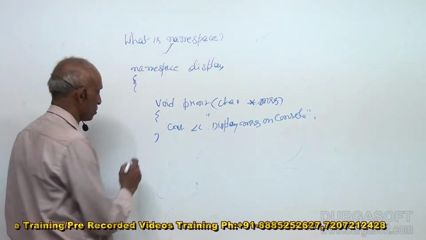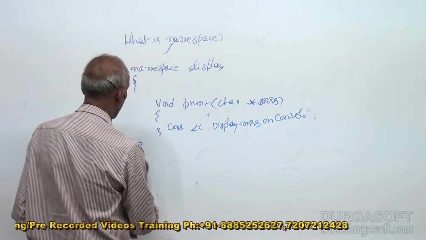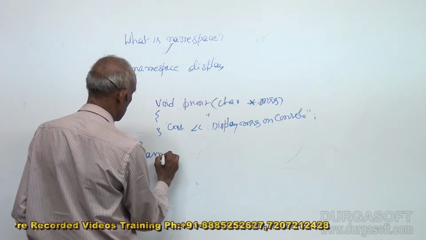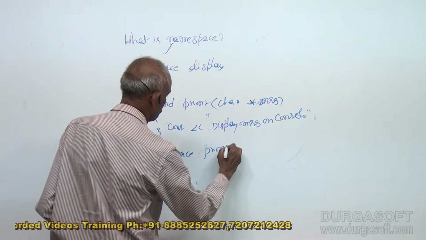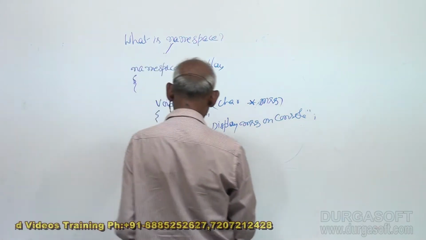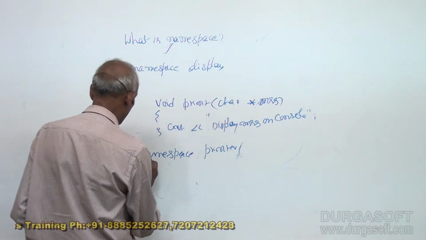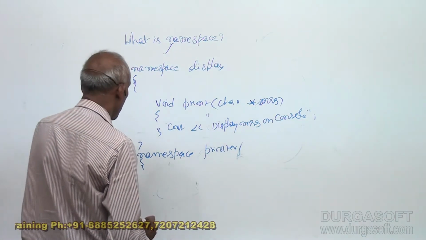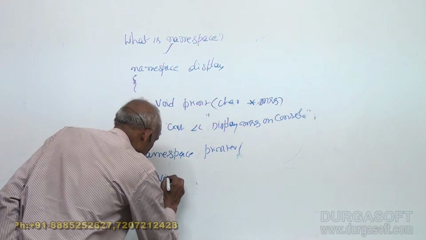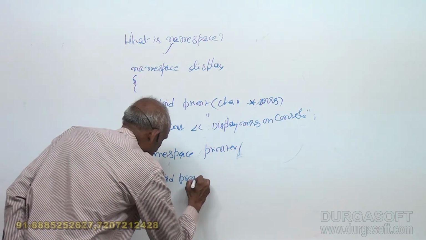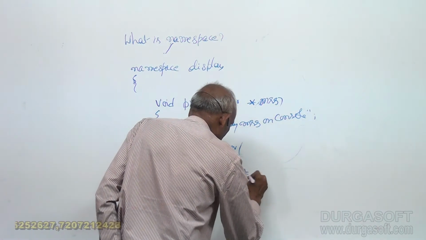Now the other namespace, namespace printer, opening brace. Now I define here the print function of printer, void print, char star message.